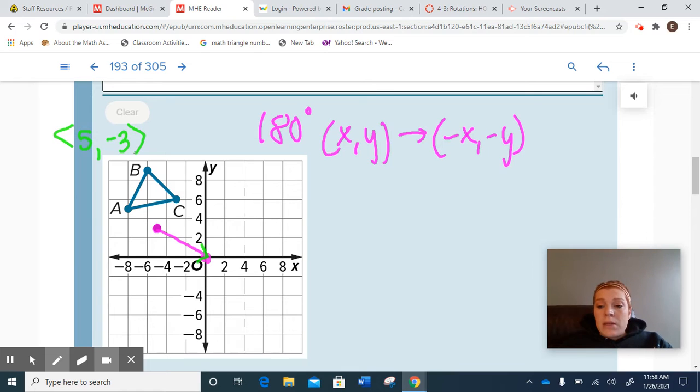So let's move ABC to its new spot before we do our rotation. So I'm just going to count each point, go 5 to the right, 3 down, and that way it's ready to be moved. So we'll start with A. We're going to go 3 down and then 5 across.